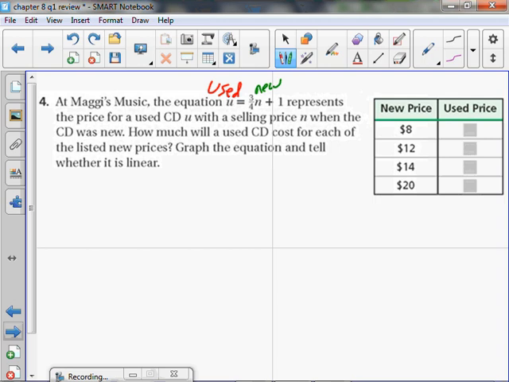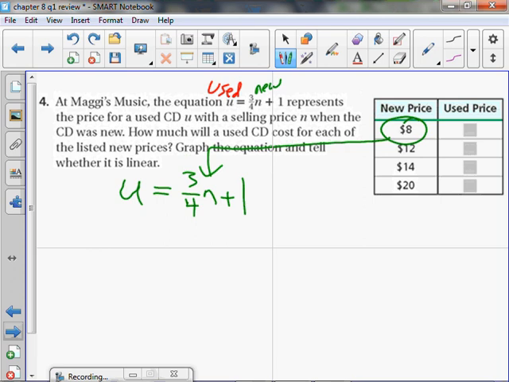How much will a used CD cost for each of the listed new prices? Okay, so we've got this equation, U equals 3/4 N plus 1. So this music store takes the new price of a CD, puts it in here, multiplies by 3/4, and then adds $1, and that gives them the used price. Okay, and then it wants us to graph and tell whether this is linear.